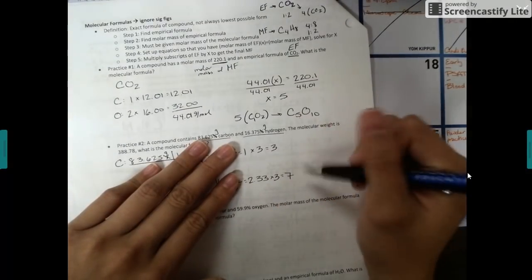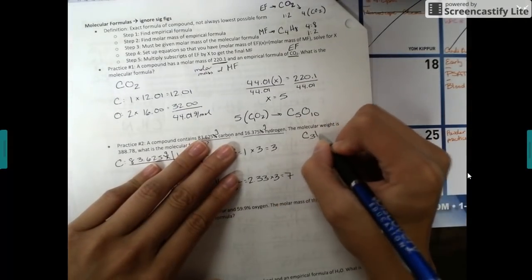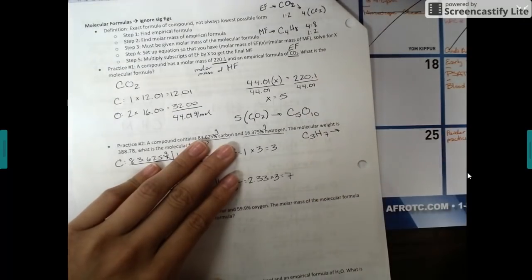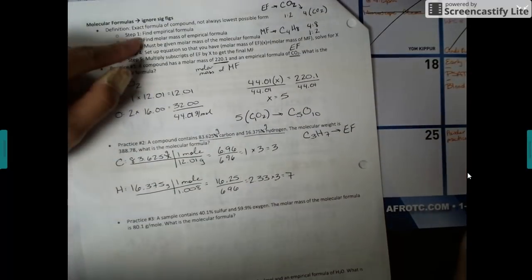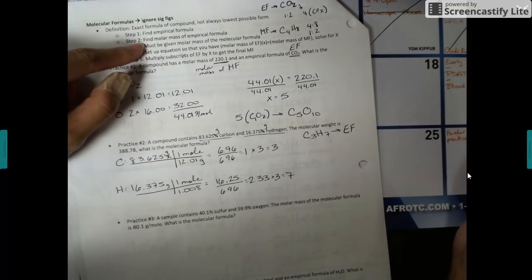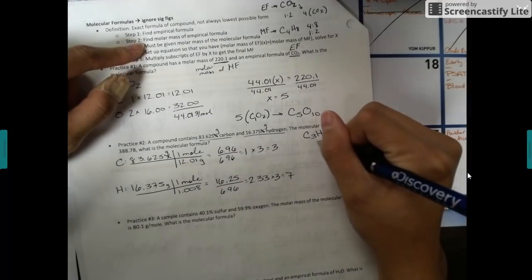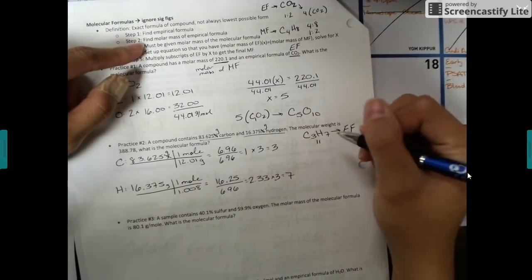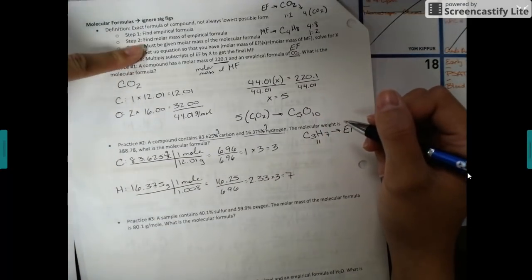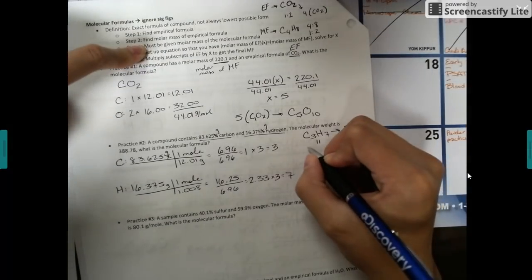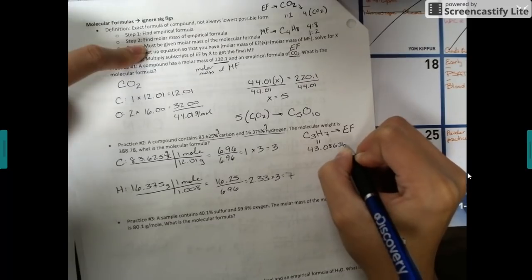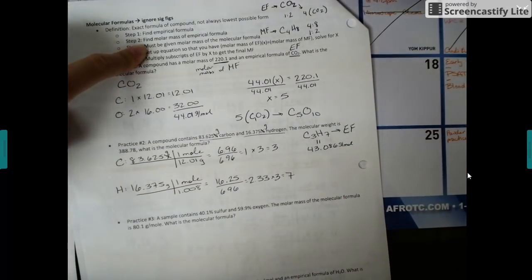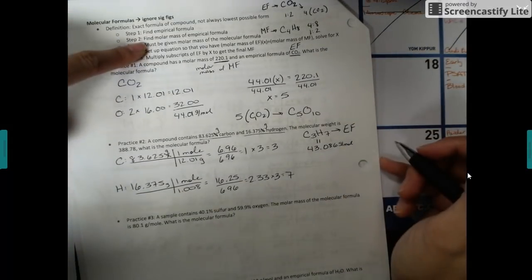Okay, now I can plug this in, C3H7. This I'm going to label as my empirical formula because that's all I found right now. So you did step 1. Step 2, find the molar mass of the empirical formula. Well, I'm going to skip a bunch of steps and just tell you that the empirical formula here is 43.086 grams per mole. You find its molar mass the way we've done it since the beginning of this unit.